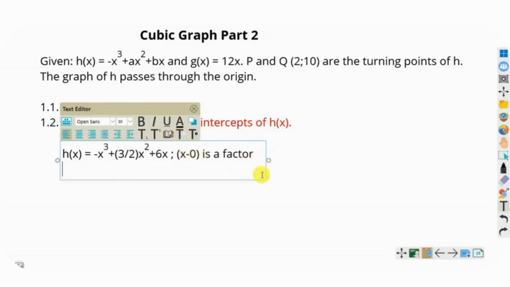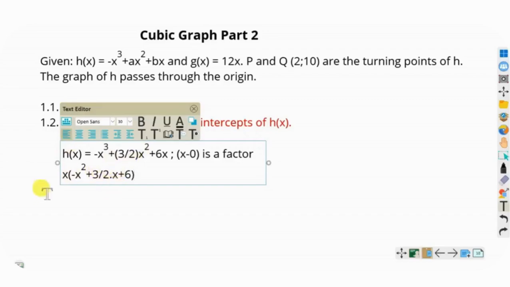Okay, then now that I have one factor, I can find the others. So I'll take x out as a common factor. When I take x out as a common factor, I remain with x squared plus 3 over 2 multiplied by x, here I will remain with 1x because I've taken 1 out, plus 6.